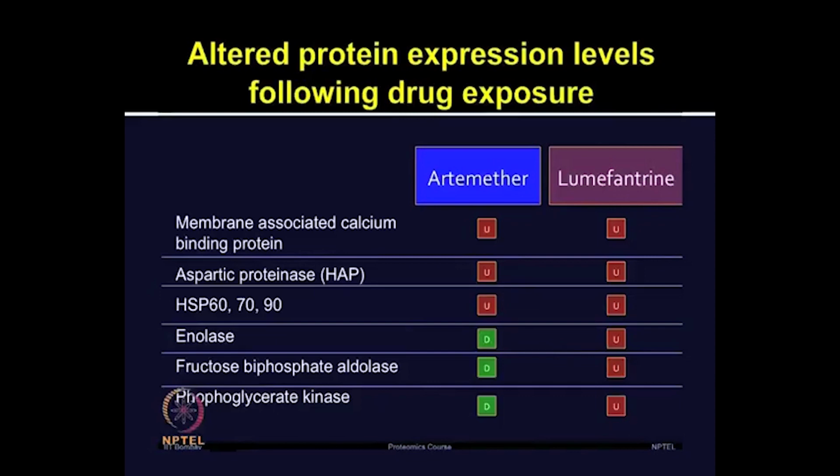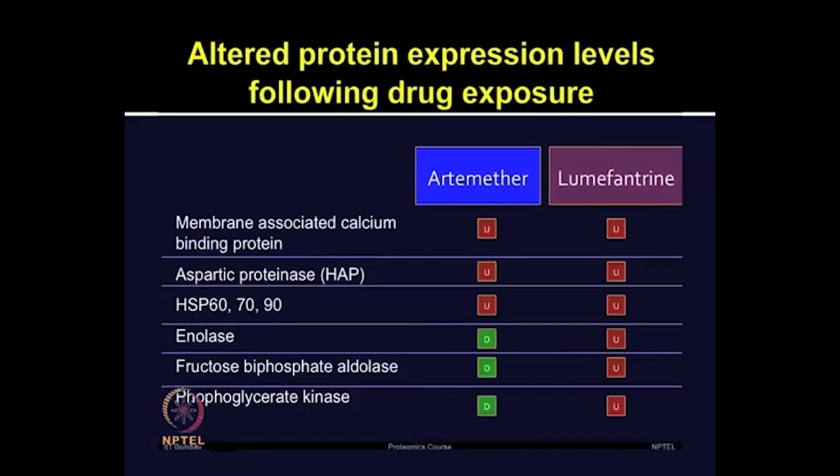Proteins such as the membrane associated calcium binding protein were upregulated with both drugs. Aspartic proteinase was also upregulated in both cases. Heat shock proteins such as HSP 60, 70 and 90 were upregulated due to both drug treatments.